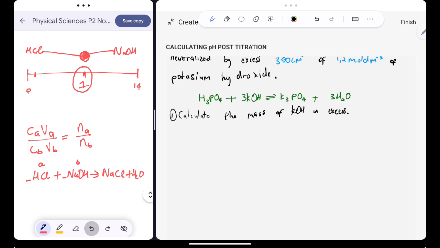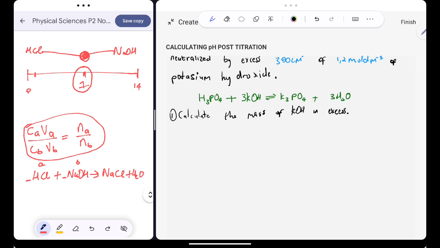Are you together? But there is a condition for us to use this formula. We don't just use it anyhow. We only use this formula if the reaction has reached the end point. What does that mean? We only use this formula if and only if the acid and the base have neutralized one another. Once they tell you that the reaction has reached the end point, or the acid and the base have completely neutralized one another, then you can use this equation.